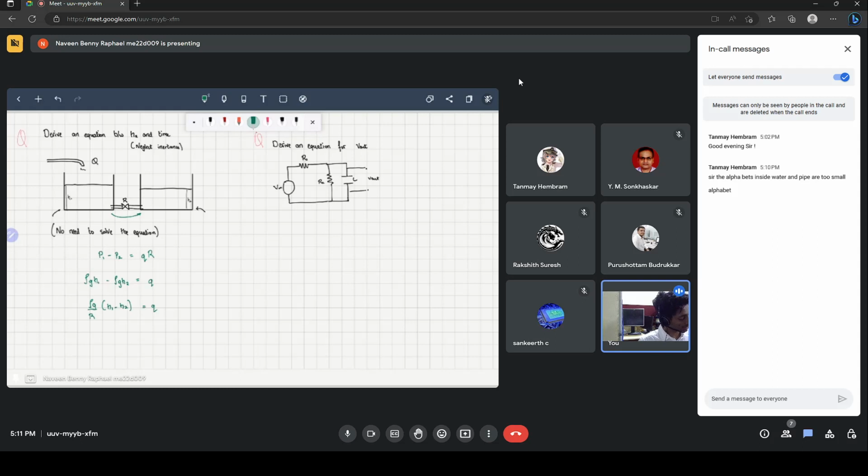The equation of, okay, I'll include the area. The equations of the first tank will be Q. The rate of change of volume for the first tank is Q in minus Q out, because this is the input.